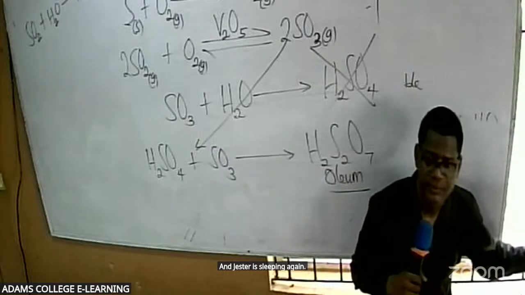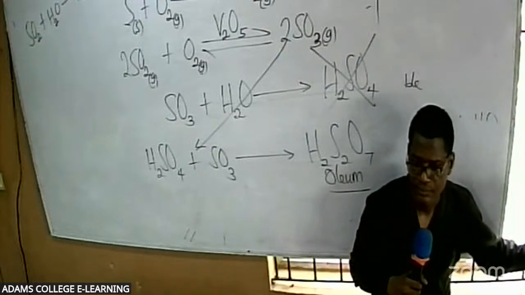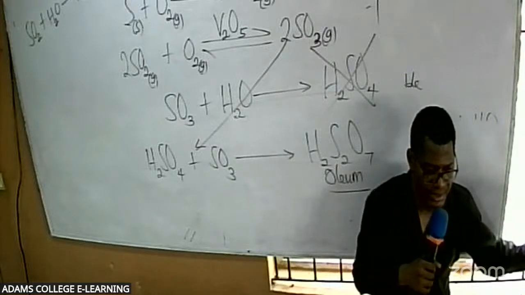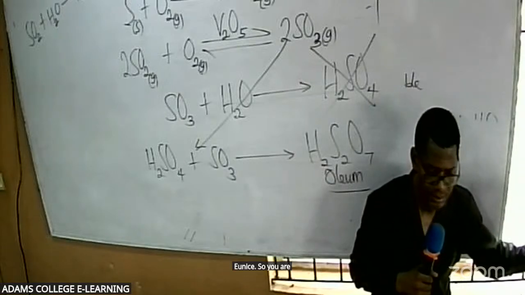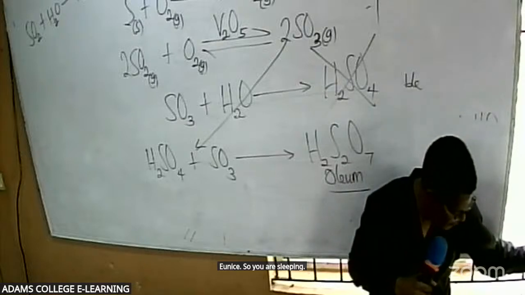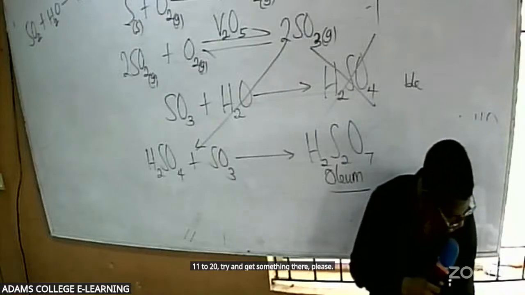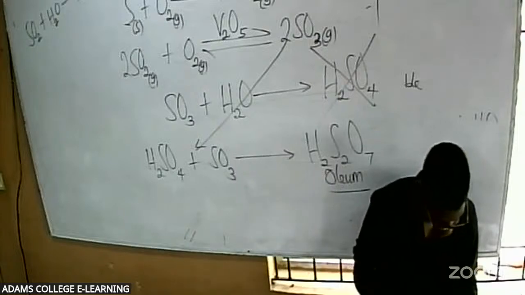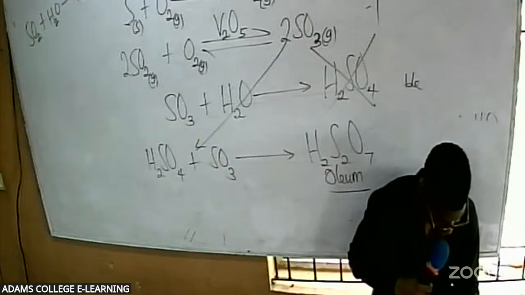Okay. Eunice. Thought you were sleeping. 11 to 20. Try and get something there, please. Try. There's nothing in all these 11 to 20.